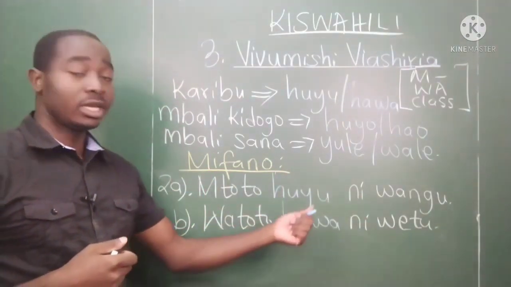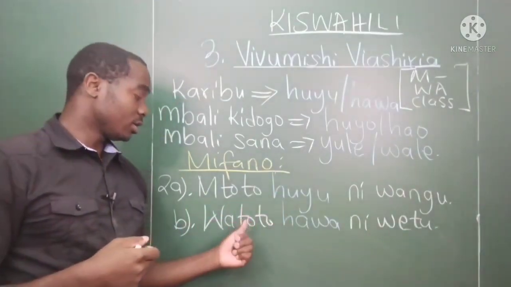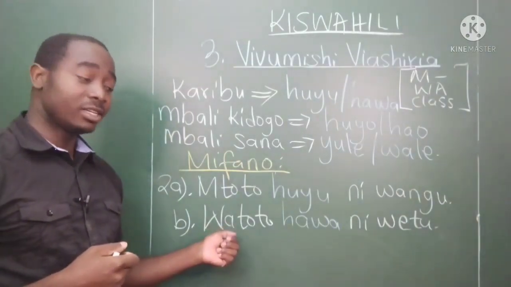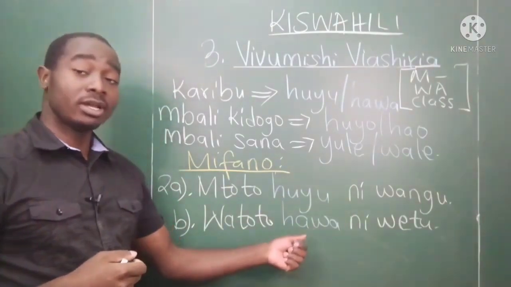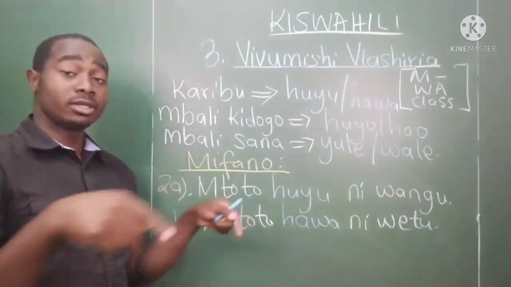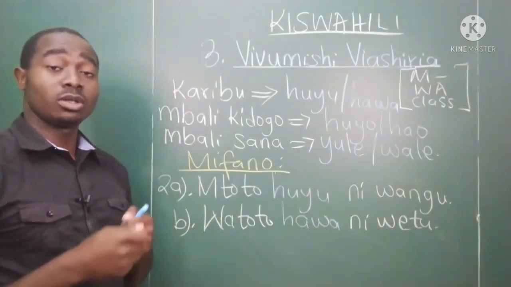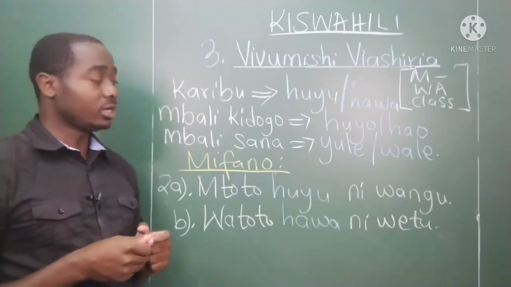Watoto hawa ni wetu. These children are ours. Hawa is plural, for plural. Watoto hawa ni wetu. These children are ours.